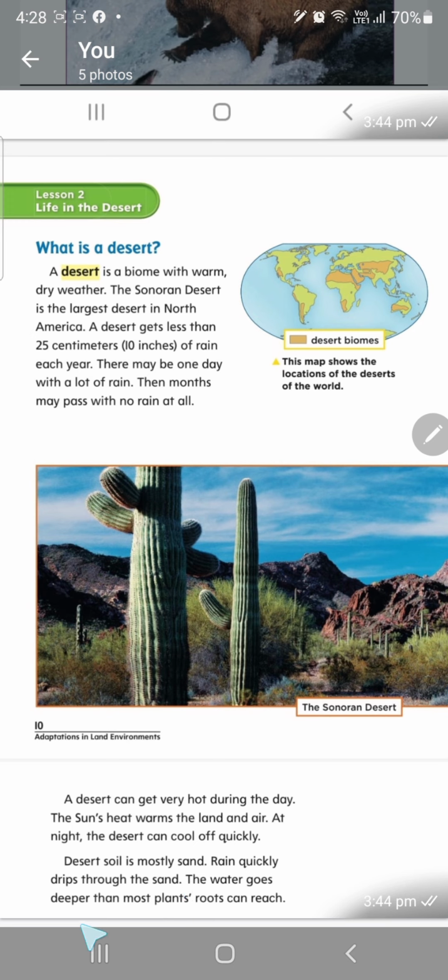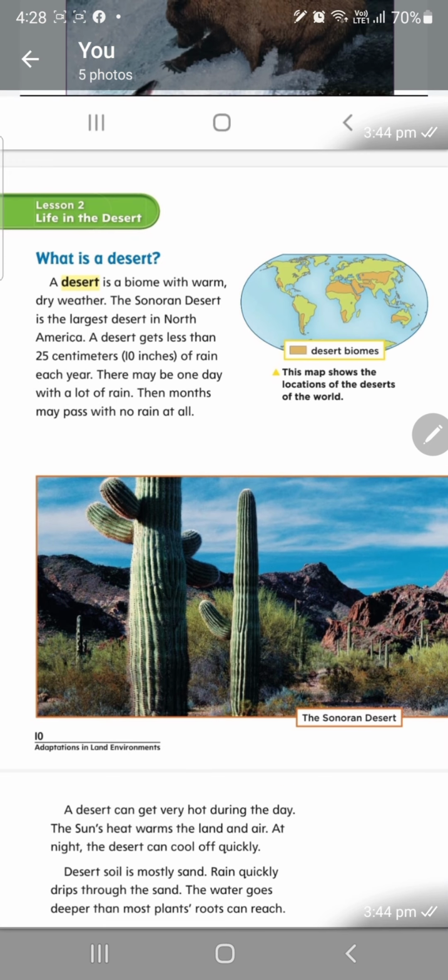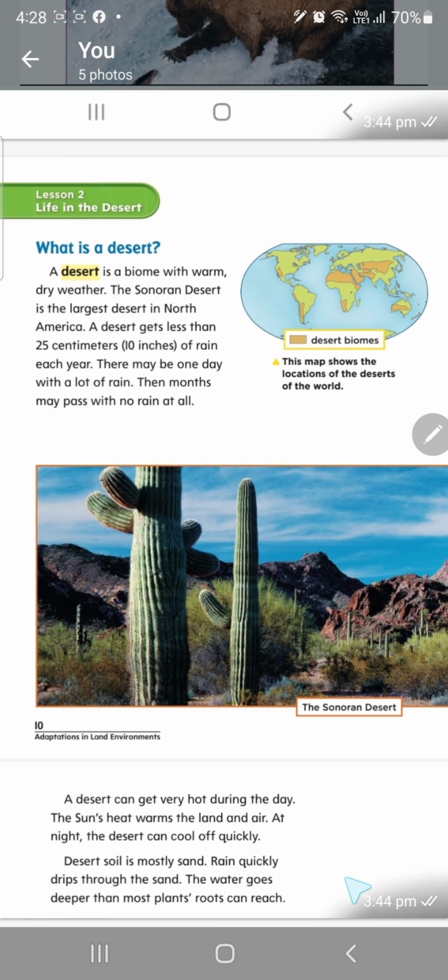The water goes deeper under the ground than most plants' roots can reach. So only plants with long roots can reach the water.